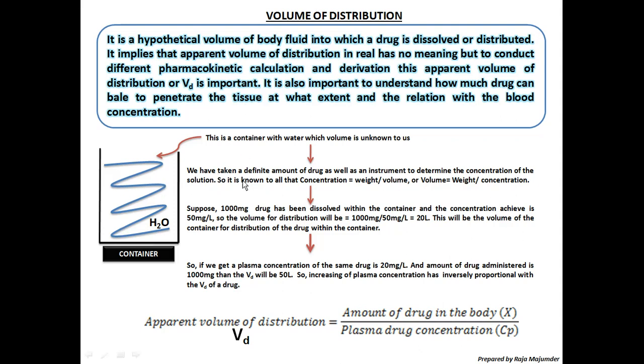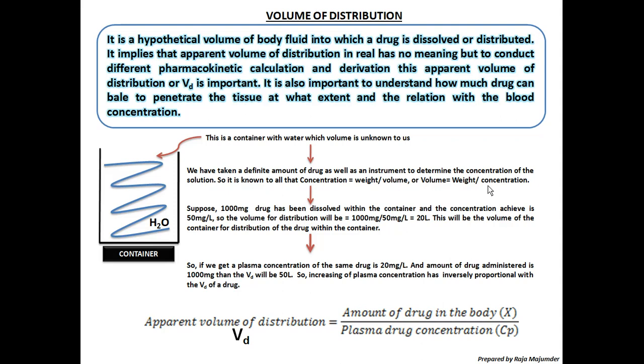So we have taken a definite amount of drug as well as an instrument to determine the concentration of the solution. Suppose we have taken 100 mg of drug. It is known to all that concentration is equal to weight by volume. So what will the volume be? Volume is equal to weight by concentration. We are going to apply this fundamental equation to understand the volume of distribution method.